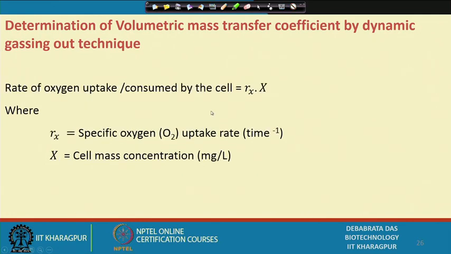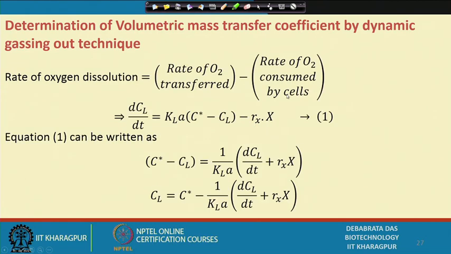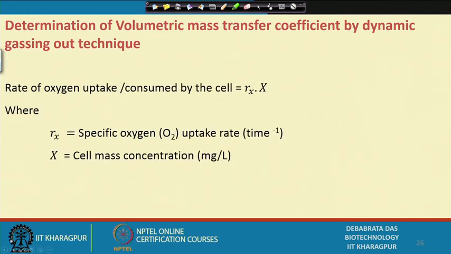Now, how can you write the rate of oxygen consumption by the cell? It is Rx. If we consider the specific oxygen uptake rate, what do we mean by that?